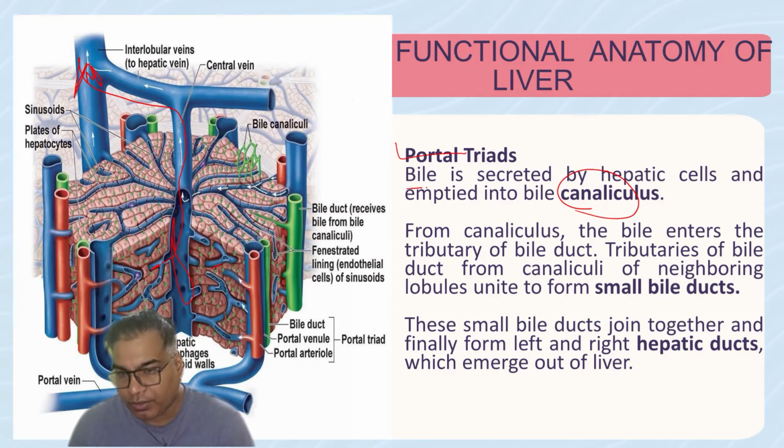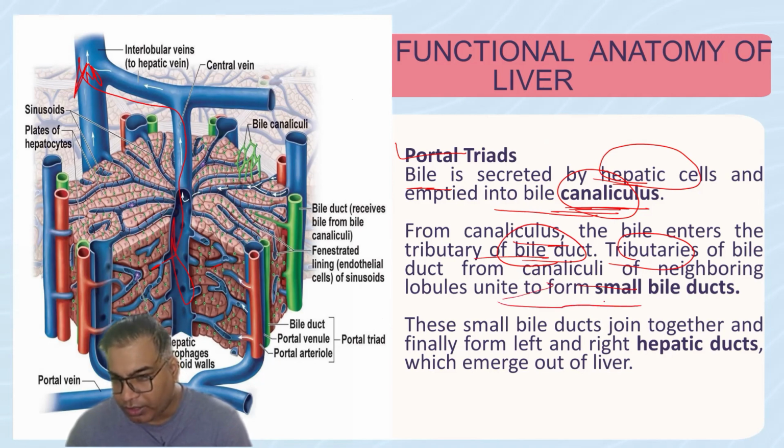Now come to the portal triads. So basically, bile is secreted by the hepatic cells, which open into the canaliculus. From canaliculus, the bile further enters into the bile duct. So these tributaries of bile duct from canaliculi finally form small bile ducts.